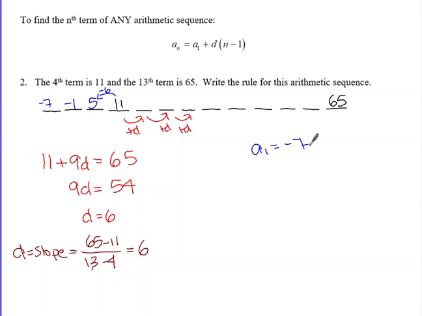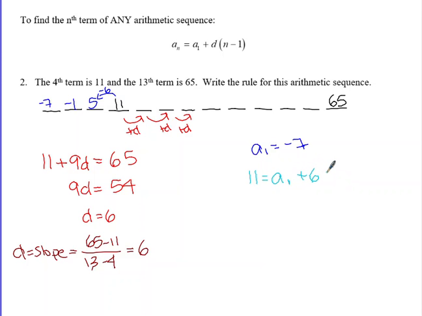If you prefer a more algebraic way, if you use this formula, and I'm just going to pick 11 being the fourth term as the piece of information I'm going to use. I know that 11 is the fourth term. I don't know what the first term is.